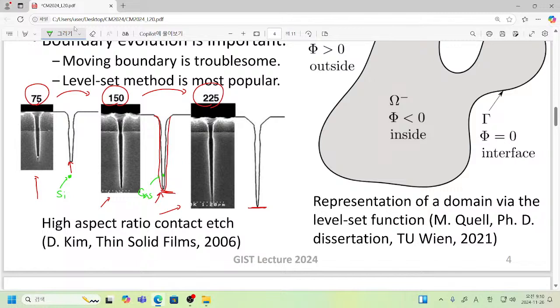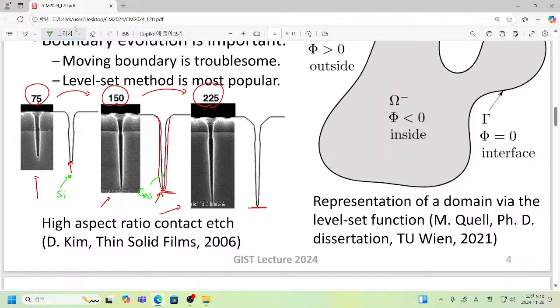So in order to model this kind of etching process, we actually have to consider the change of boundary. Its shape change is the most important thing we have to carefully consider. So how can we consider this? It is not that easy.